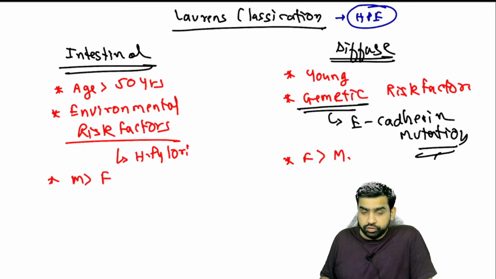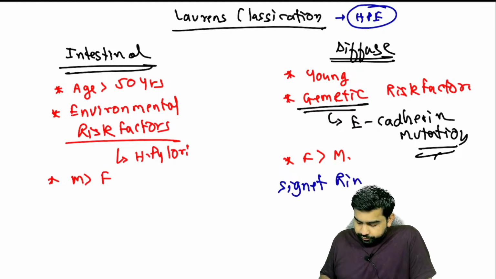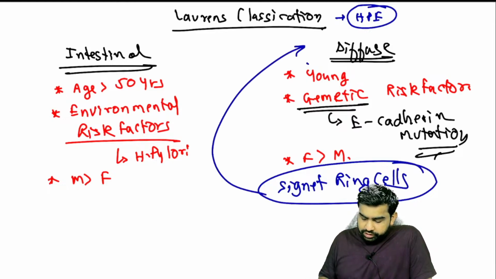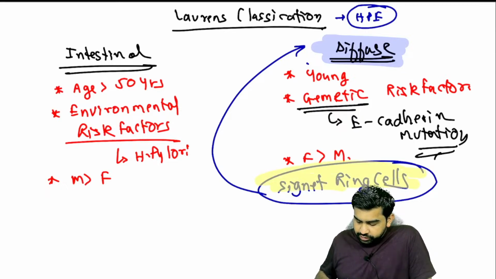E-cadherin mutation is something which you get in patients with the diffuse type of the gastric cancer. Very, very important. And lastly, if they mention signet ring cells, please remember this is important. Signet ring cells are seen in the diffuse type of the gastric cancer. Very, very, very, very important.